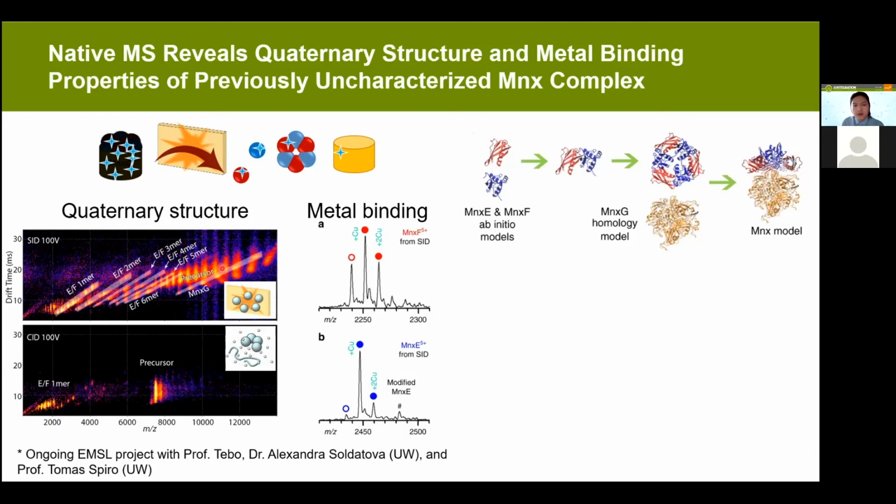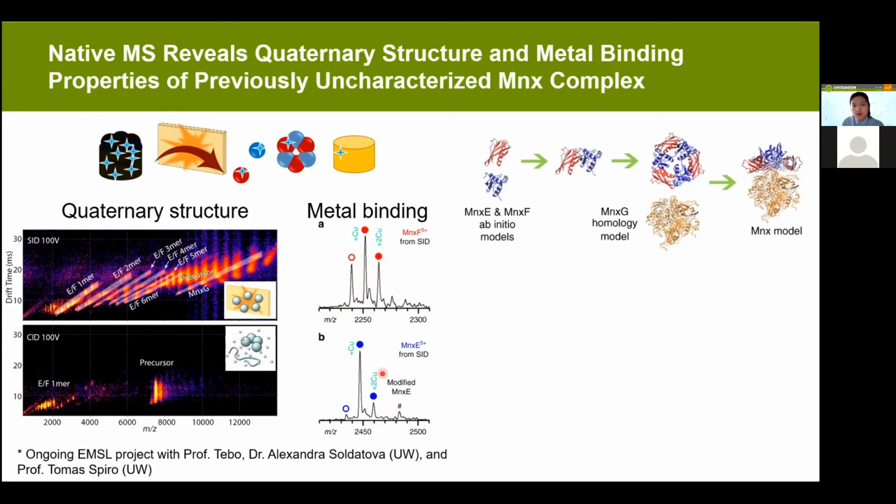But with surface collision, you can see we get a lot of different fragments, and some of them correspond to the release of the intact hexamer of the two smaller subunits from the complex. This immediately tells us how this complex is assembled. Also, if we look deeper into the released monomers, we can easily see on each of the monomers how many coppers are bound, because now we have a much smaller mass and it's very easy to resolve them.